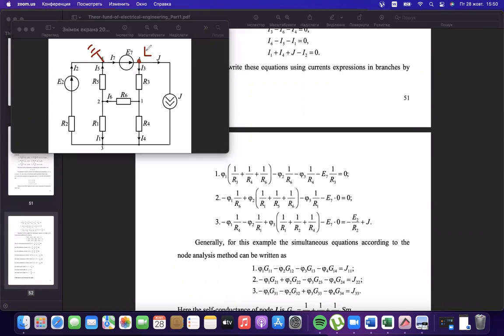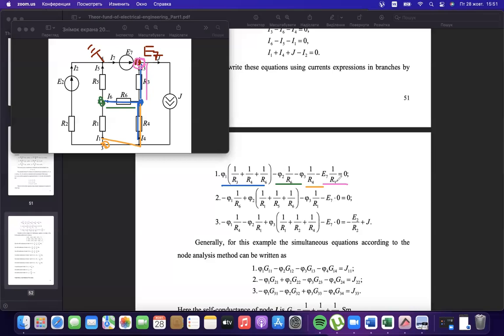The value E7 is already known here. Then writing the equation for point number 1. Self-conductance here. Mutual conductance with minus with point number 2. Mutual conductance with minus with point number 3. Mutual conductance with E7.